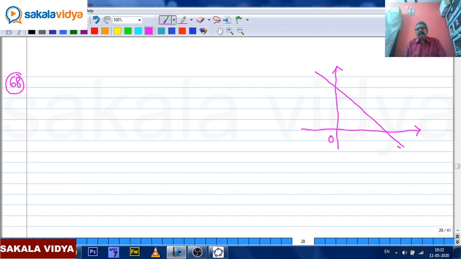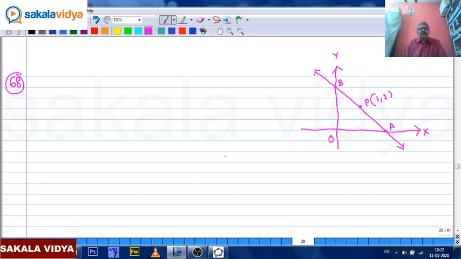A line makes an intercept between the coordinate axes. This is AB. The part AB is called the intercept made by the line between the coordinate axes, x-axis and y-axis. And this point P will be passing through P1, 2. P is the midpoint. That means P divides AB in the ratio 1:1.